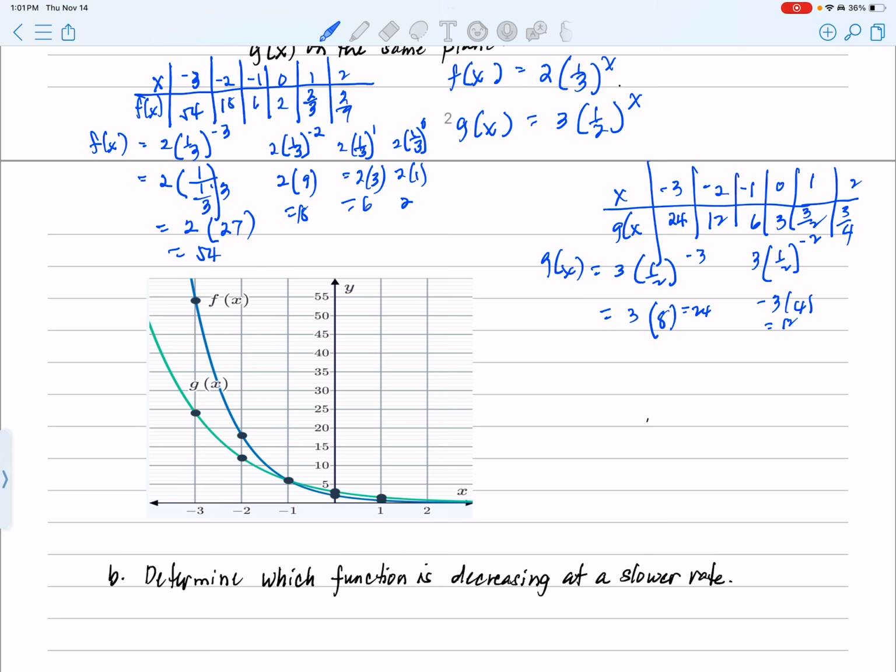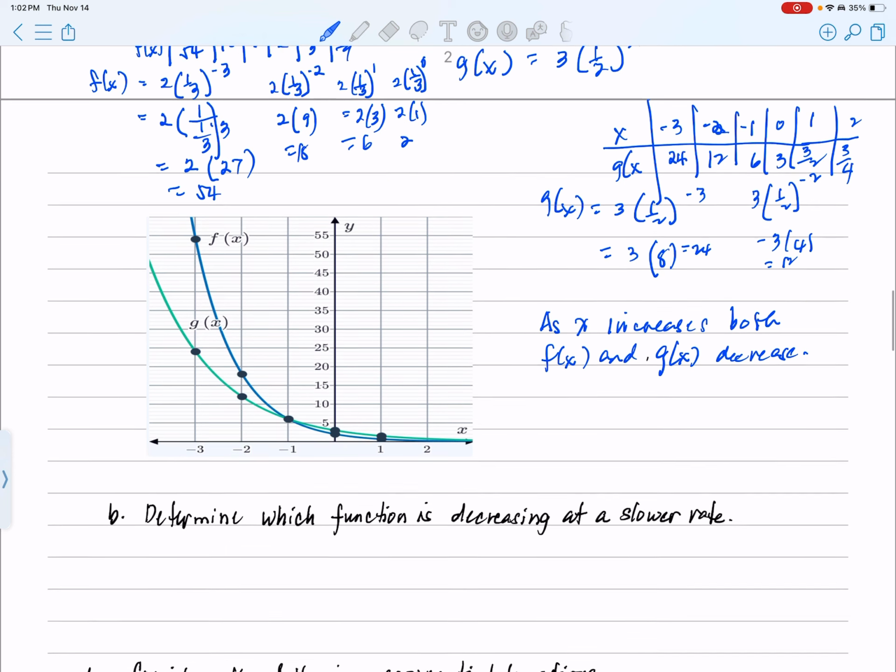We can see that as x increases, both f of x and g of x decrease. Determine which function is decreasing at a slower rate.